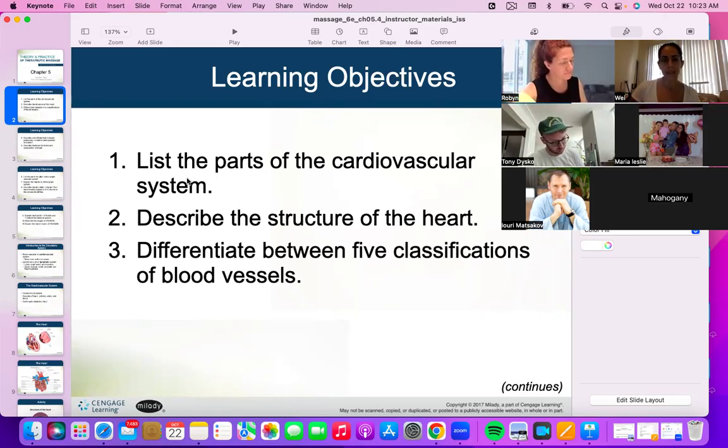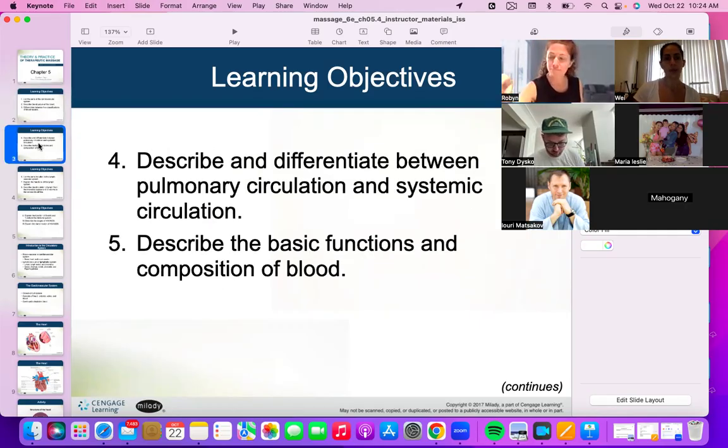Marie, Leslie, you're going to differentiate between the 5 classifications of blood vessels, so the types of vessels that are in the body. Yuri, you'll do number 4, which you're going to describe. You can also go to just that part in the book, okay? That talks about the pulmonary circulation and about the systemic circulation. And that leaves us with Mahogany.